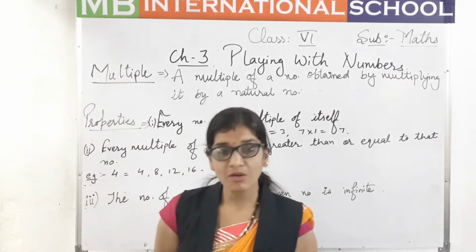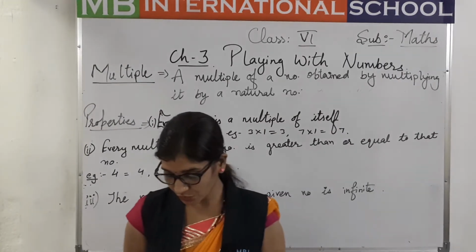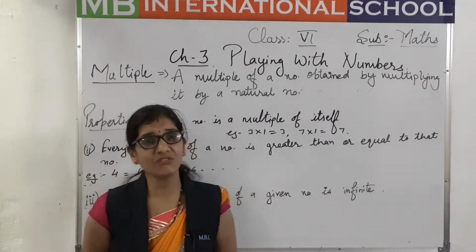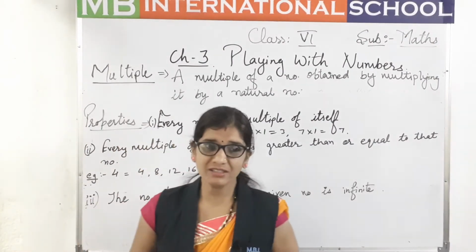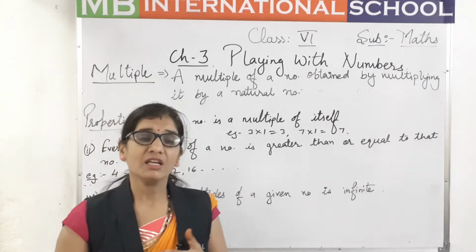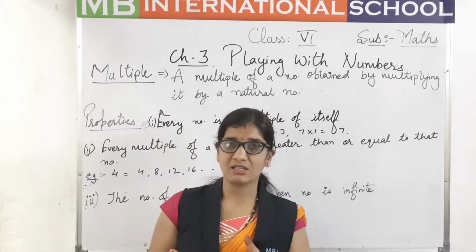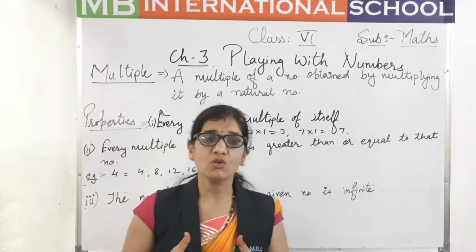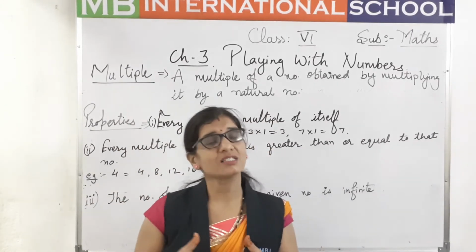Next is the perfect number. What do we mean by a perfect number? Perfect numbers are those numbers for which, if we add the factors, for example we have taken 6. The factors of 6, as we already know, are 1, 2, 3 and 6. So what is the result? The sum is 12.